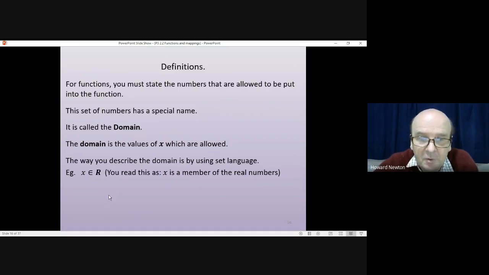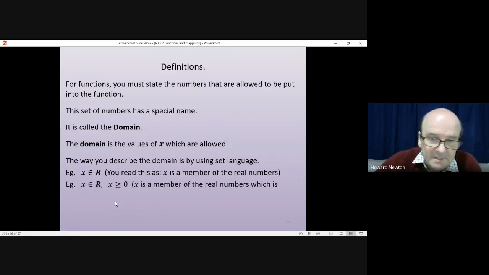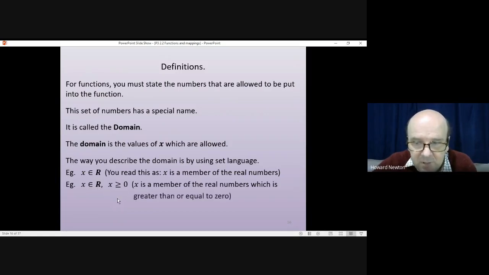But x is one of the normal numbers that you're familiar with. This says something stronger. This says x is a real number. It's a normal number. But more than that, it's a real number which is greater than or equal to 0. So you're saying exactly how big or small it can be.